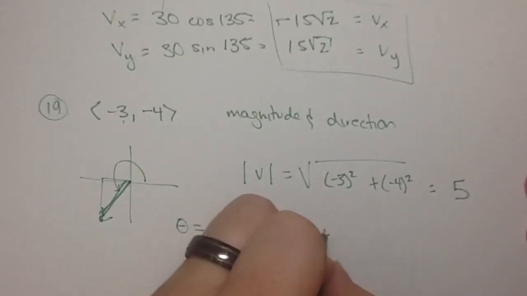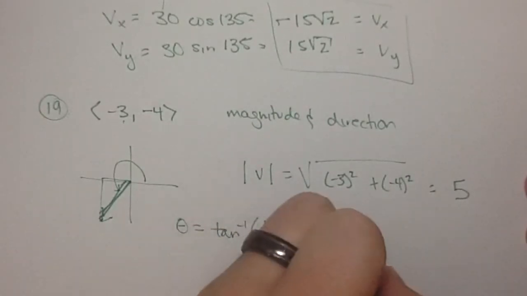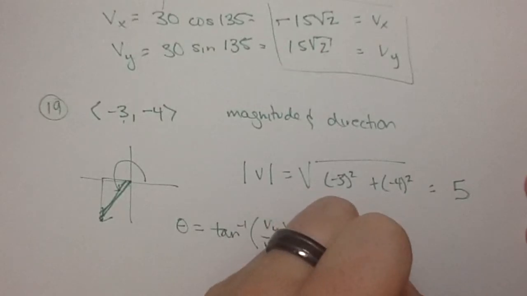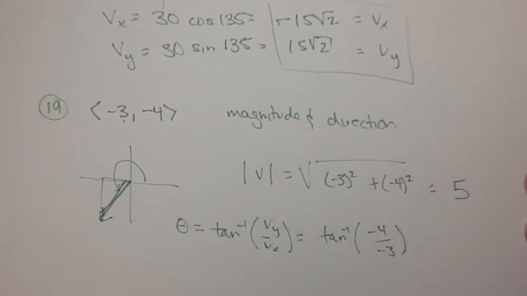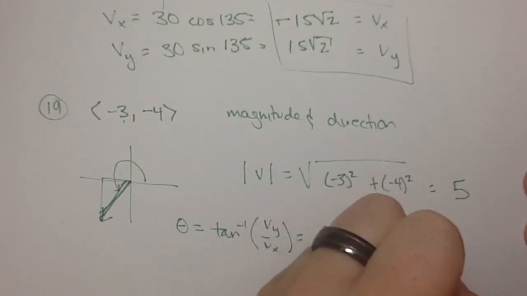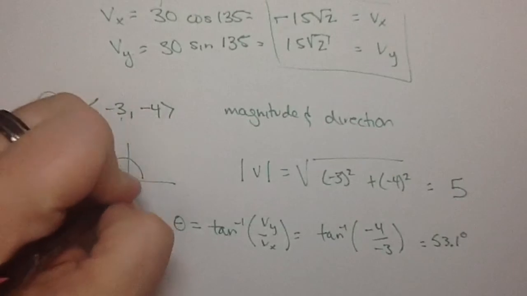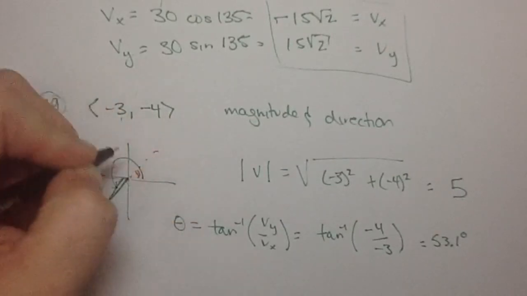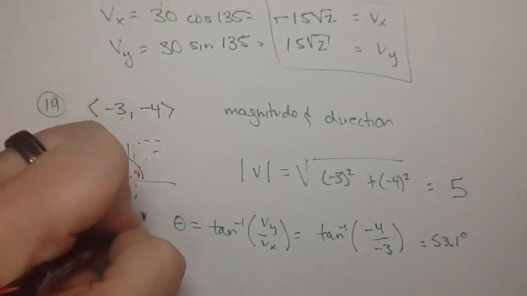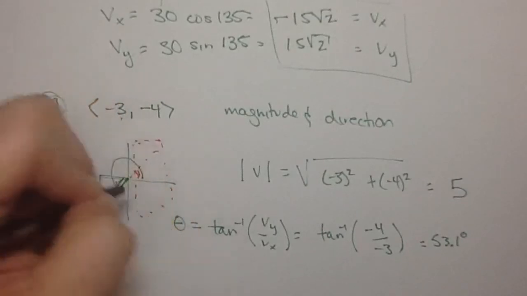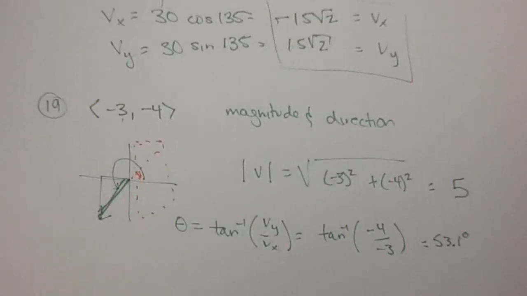So this is the inverse tangent of negative 4 over negative 3, which gives us an angle of 53.1 degrees. But guys, that's over here. That's in the first quadrant, right? So remember, inverse tangent from your calculator is only going to give you the first and fourth quadrant. But we know, because we drew it, that it's in the third quadrant.